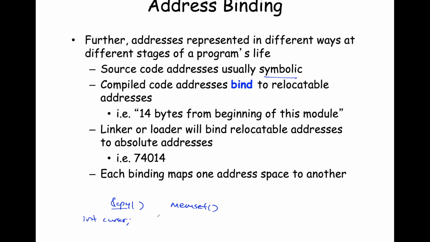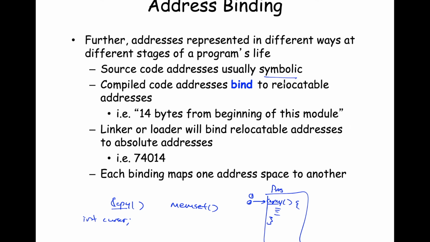Copy is a symbol, and it's a name. And that name is used to refer to some location in your program. So maybe you have a function called copy, open curly brace, close curly brace, and here's the implementation. When you use the symbol copy, you're referring to that particular instruction. Maybe it's not the first instruction, it's the second instruction, that particular instruction in your program. And so programs deal with symbols.